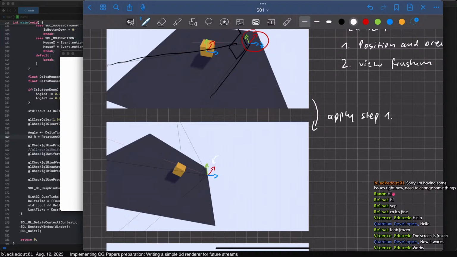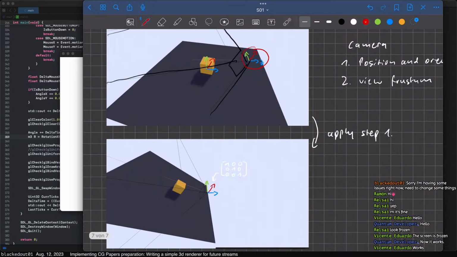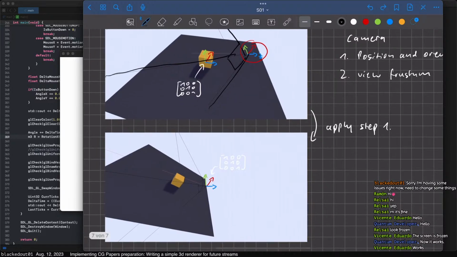While previously this was the world origin, basically we just make this coordinate system be the initial coordinate system with this first transformation.